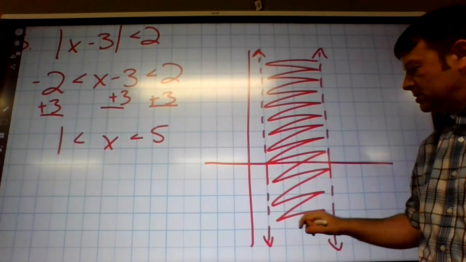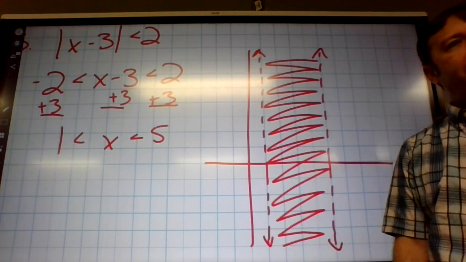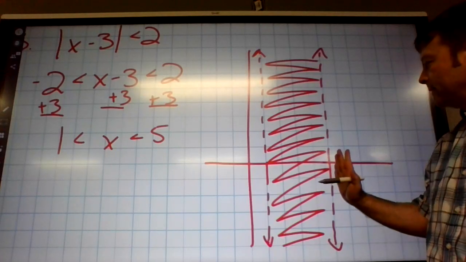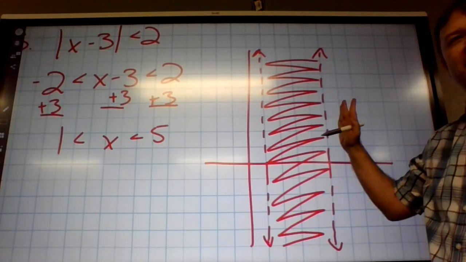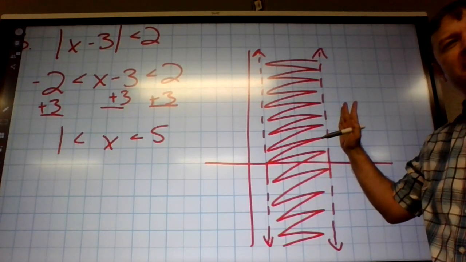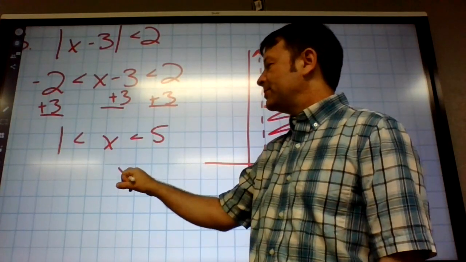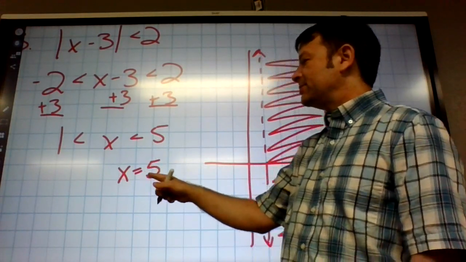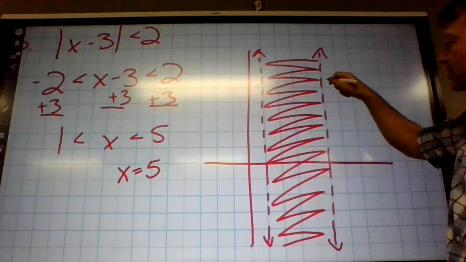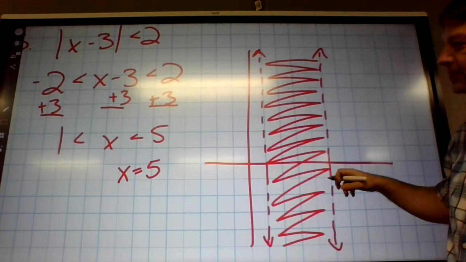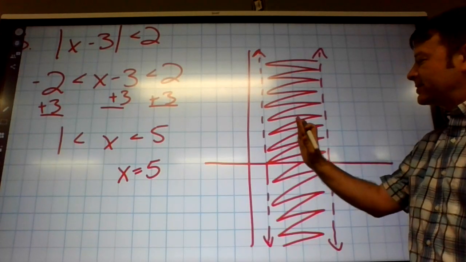So why is it equal? Why did I graph x equals 5? Well, I didn't really graph x equals 5, but if I was going to graph x equals 5, it would have been this solid line right here. But that's just the line it approaches.